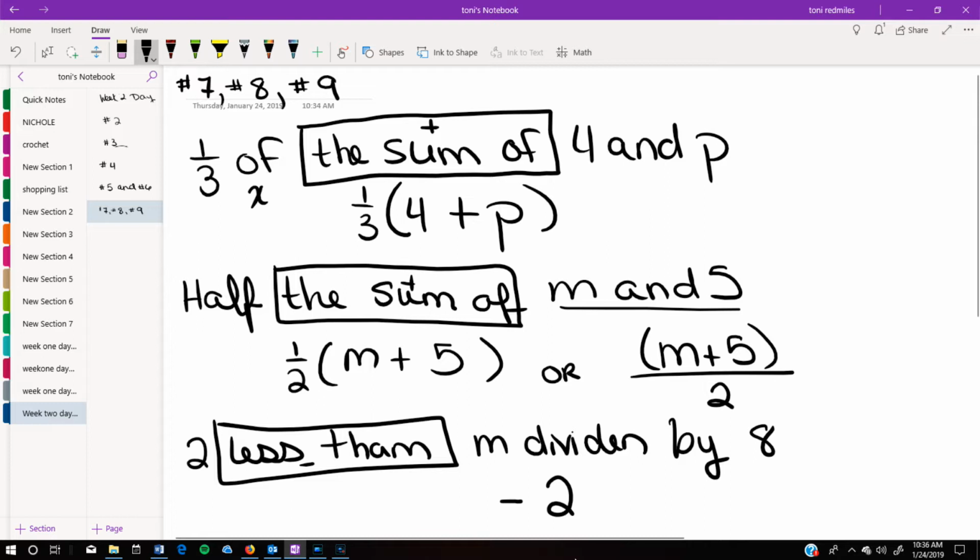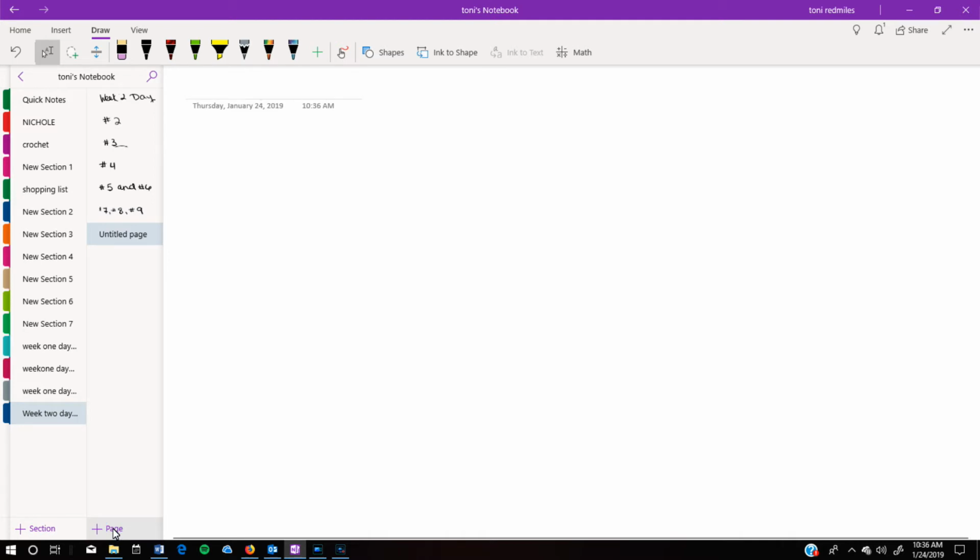Okay, so the rest of it says m divided by 8. Okay, so it's divided by it, which means it would be m over 8. If it said the backwards, I think we have an example on one of the days of the backwards, so we'll get to it.